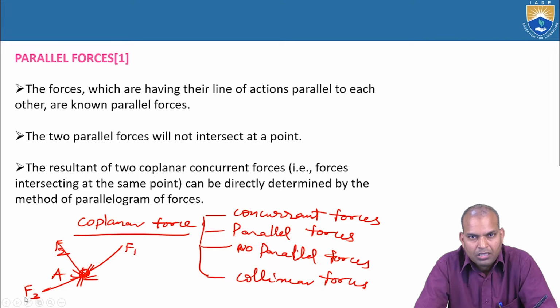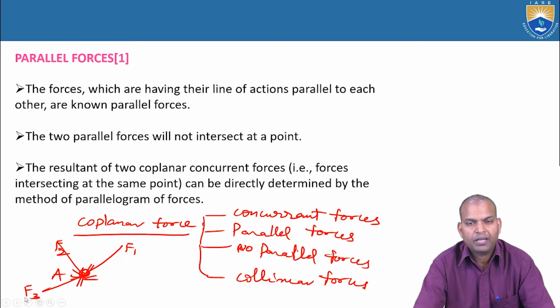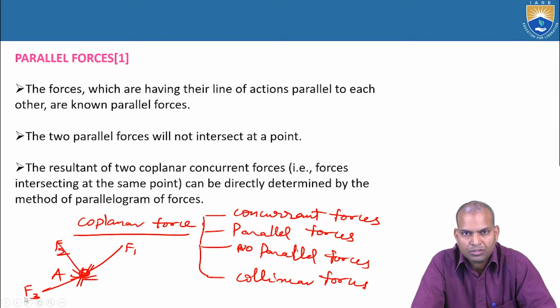After that, we divided all these components into two categories: sigma H, the algebraic sum of all horizontal components, and sigma V, the algebraic sum of all vertical components.